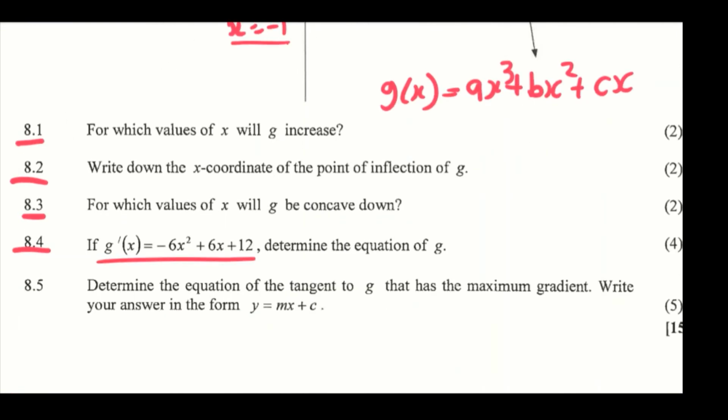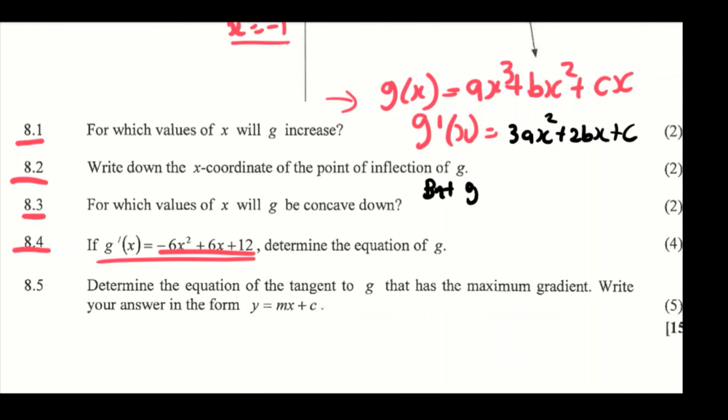And we are given that the derivative of this g is this. So let's differentiate g. We drop the 3, and it's going to be 3ax squared plus 2bx plus c, right? But we can see that g prime of x is actually equal to minus 6x squared plus 6x plus 12.